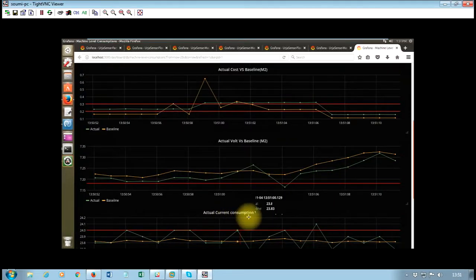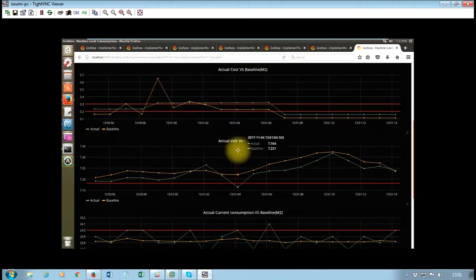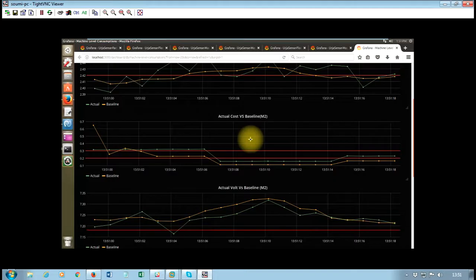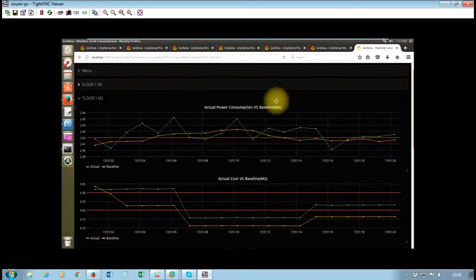The current consumption is in amperage, and the voltage is displayed in volts. There is the actual cost and the actual power consumption.